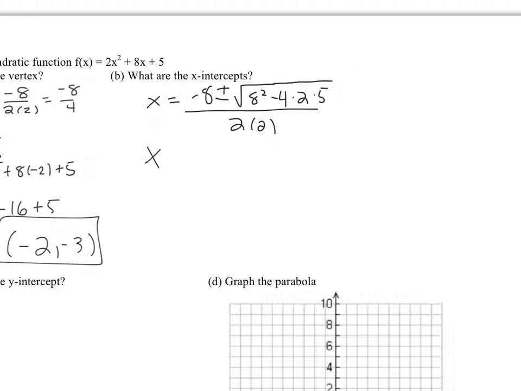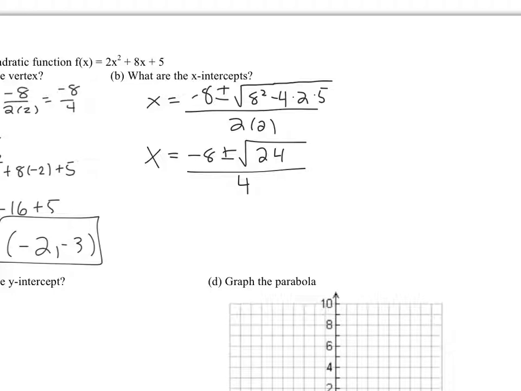My advice when you're calculating this out is to calculate the stuff under the square root first. It's called the discriminant, so you have a simpler number to work with. In this case, 8 squared is 64 minus 4 times 2 times 5, which gives you 24.